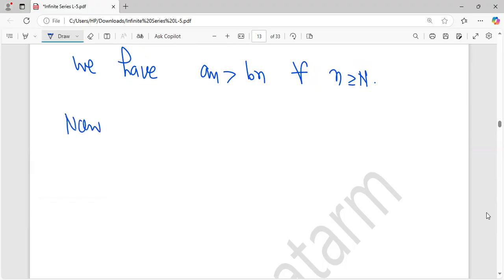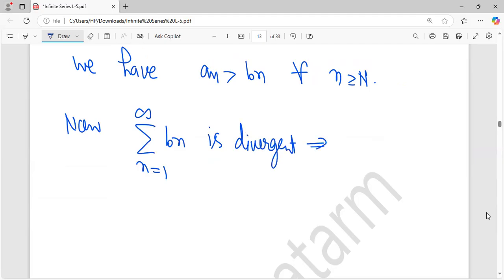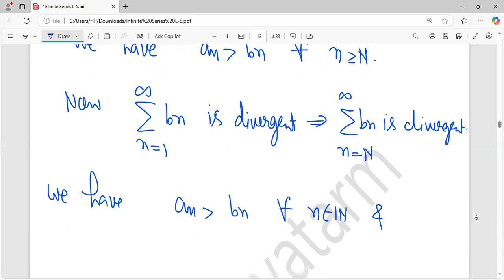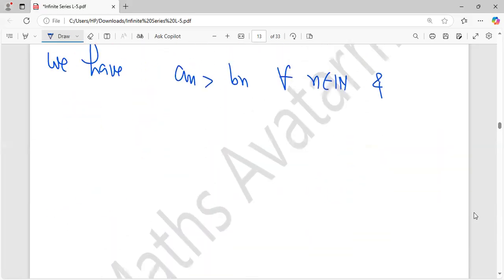Now this series summation Bn is divergent. We have An greater than Bn for all n greater than N, and the series summation Bn is divergent.